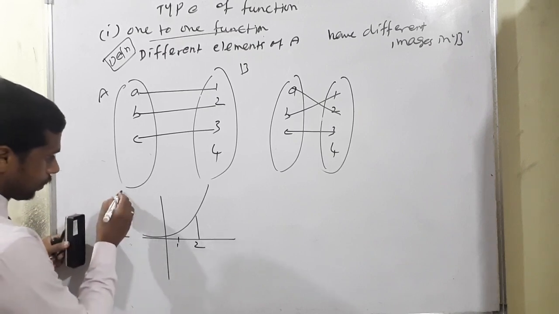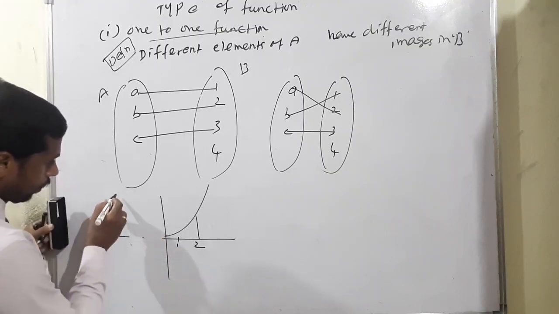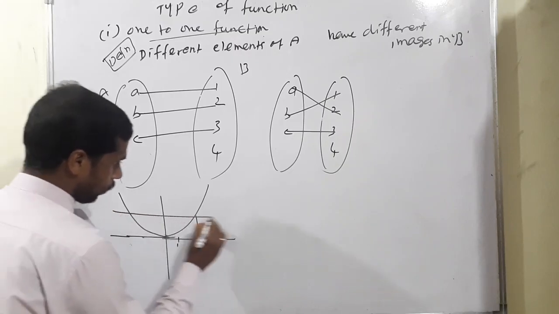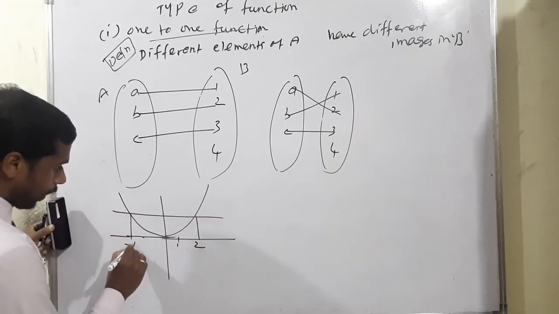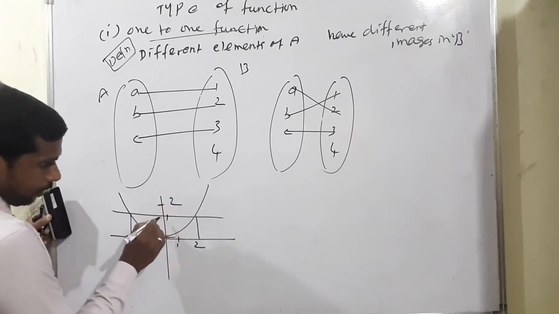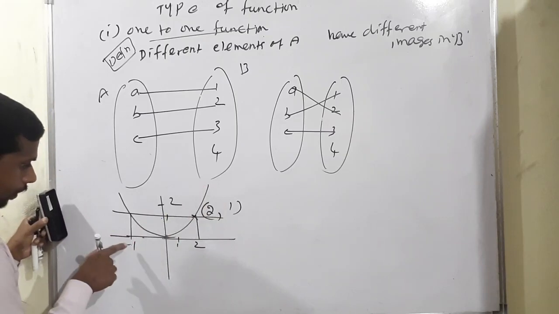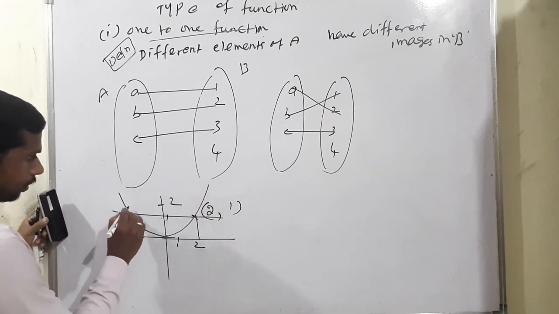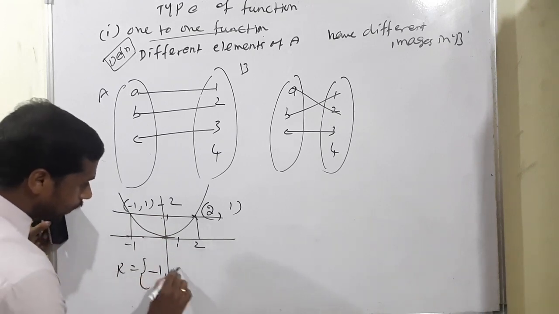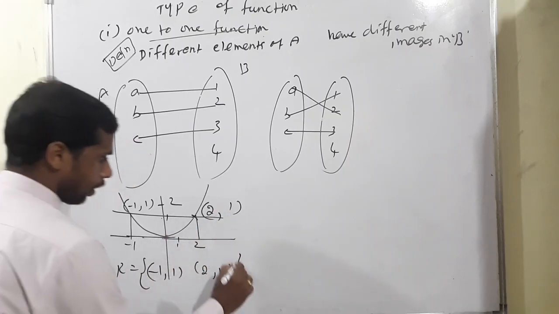The point x equal to 2 gives y equal to 1, and x equal to -1 also gives y equal to 1. Therefore the relations are (-1, 1) and (2, 1). This is how to make the pairs.